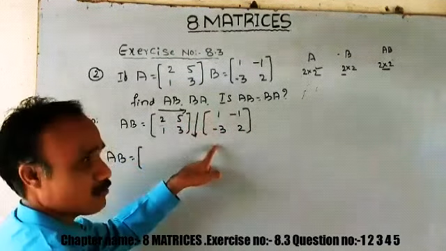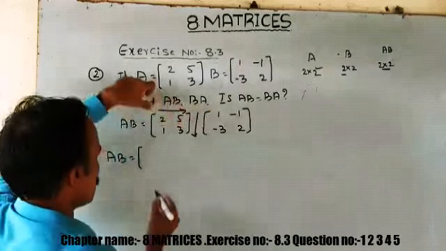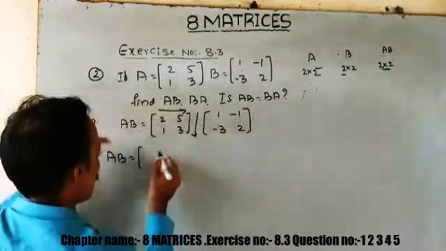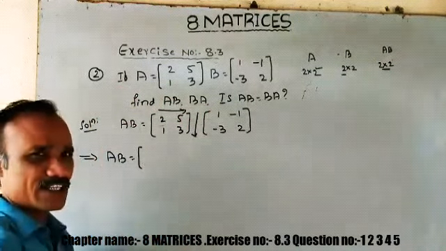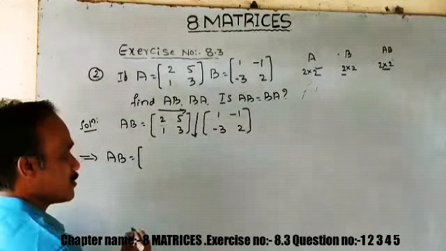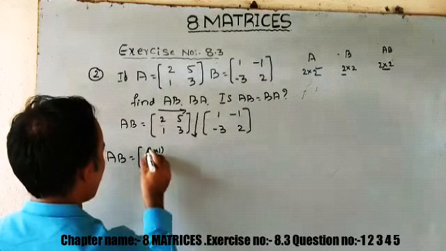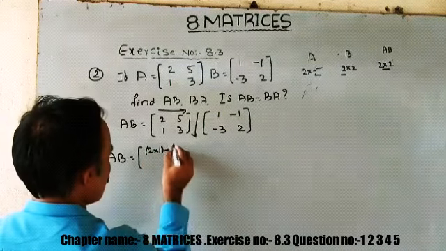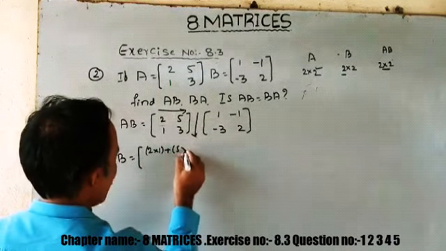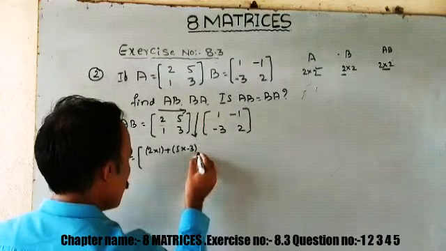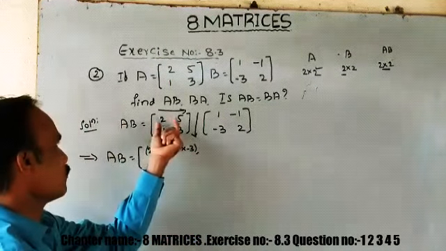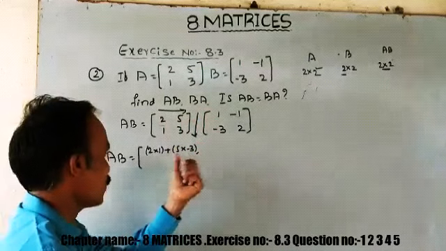For 1 or 2 questions I will write in detail, next I will write the direct answer. So 2 into 1, plus 5 into minus 3. Now you write comma after the completion of the first row, first column.